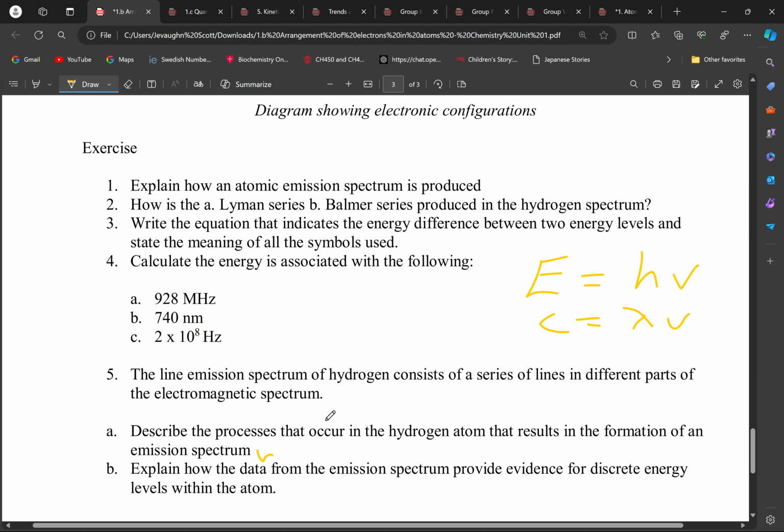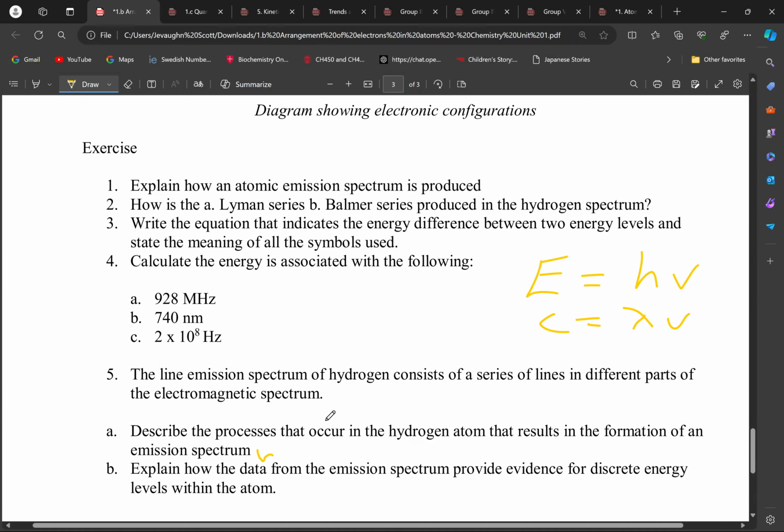Alright, lovely. But now explain how that data is used to provide evidence for the discrete energy levels. Because I heard what you were saying, but you kind of started touching on how the bands are produced, right? Now use the bands produced to explain discrete energy levels within the atom. Go ahead.